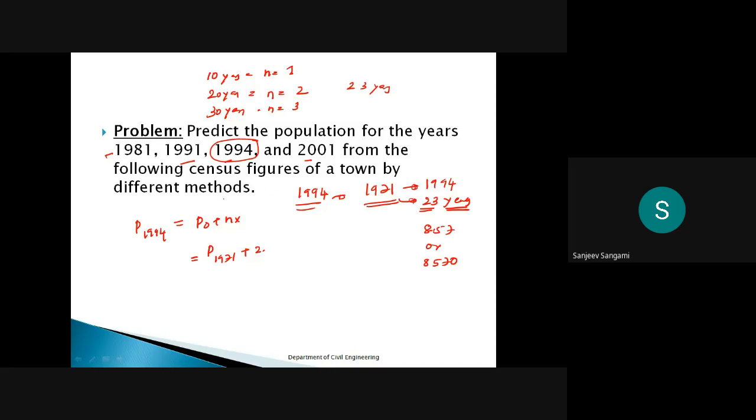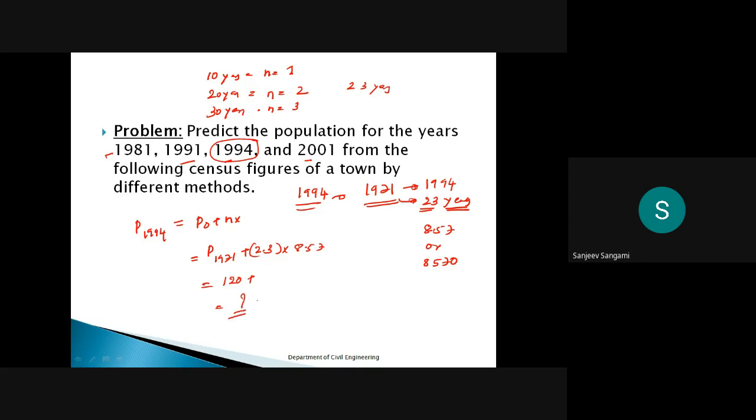So n will be 2.3, then x will be 8.57, and so on. You calculate it and let me know how exactly it comes out. Do that calculation and complete it.